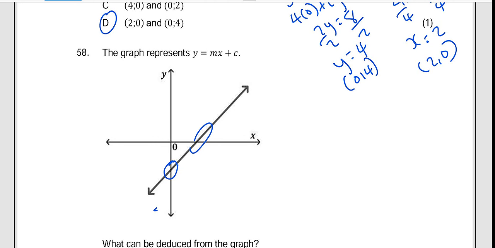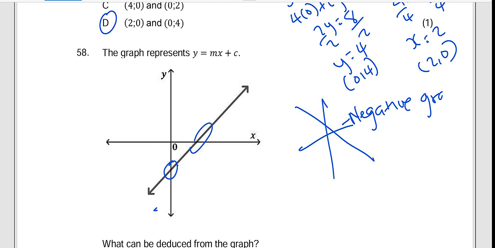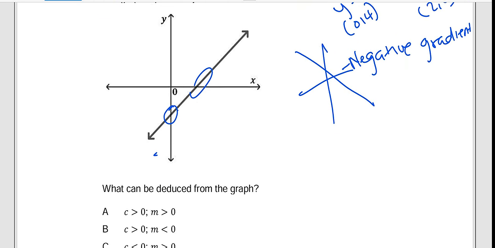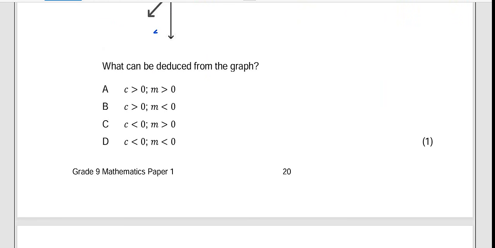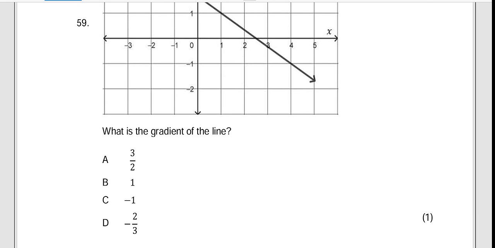Because if the graph goes like this, it has a positive gradient. But if the graph goes like this, it has a negative gradient. So the correct option is going to be C.